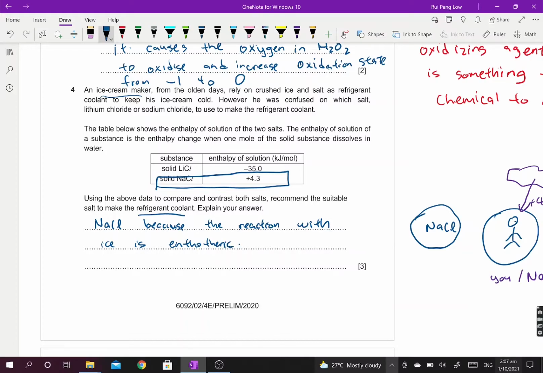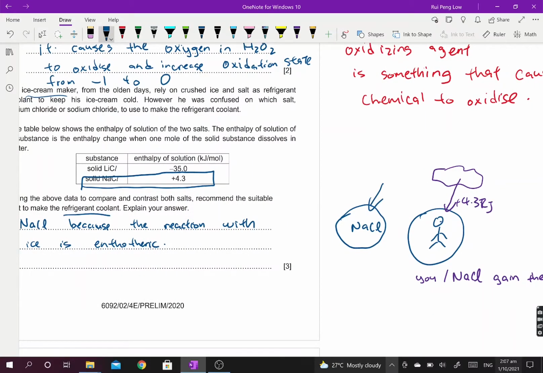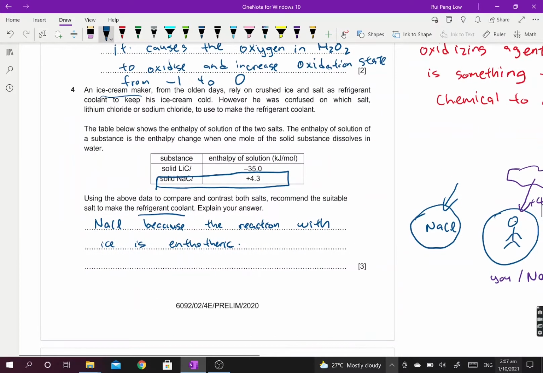Okay, endothermic means enter. Alright, so energy enters NaCl, so it's endothermic. Hence, it is able to cool the surrounding air.